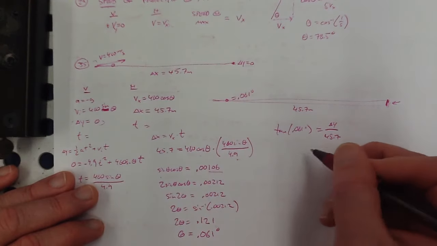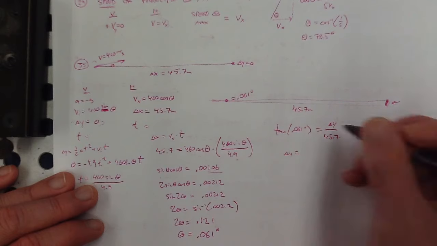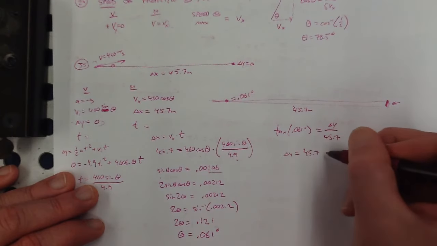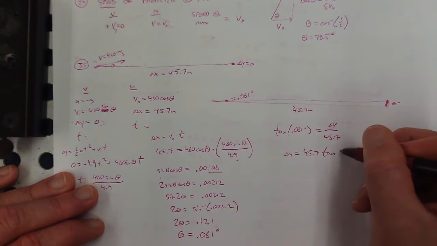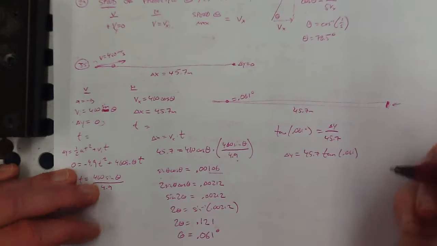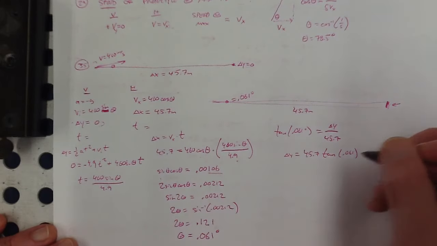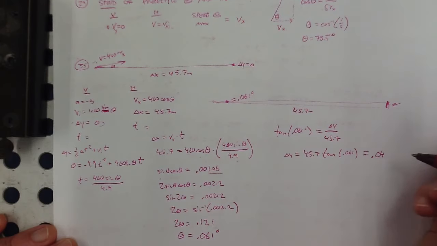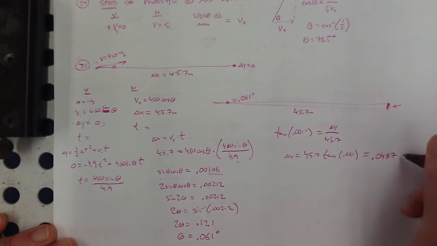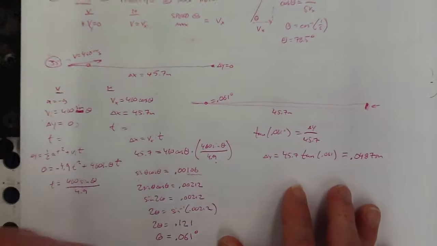So what we're looking for is 45.7 times the tangent of 0.061. And that gives me 0.0487. And that would be SI units, so that'd be in meters.